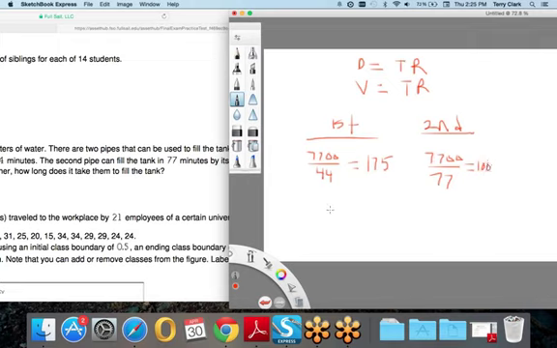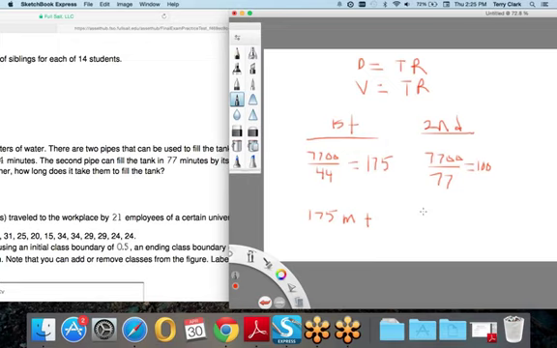Okay, so we got the rates. The time we don't know because that's why they're asking us. They're saying how long will it take? So we don't know, but we do know that the time is in minutes. So we're going to say 175 liters multiplied by the minutes for the first one, plus, because they're working at the same time, the word plus means to add two things together.